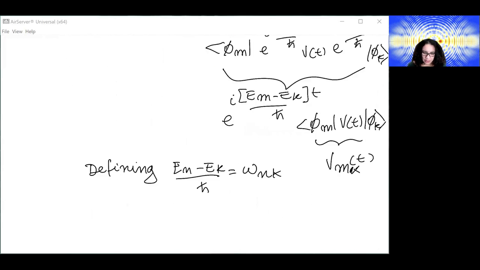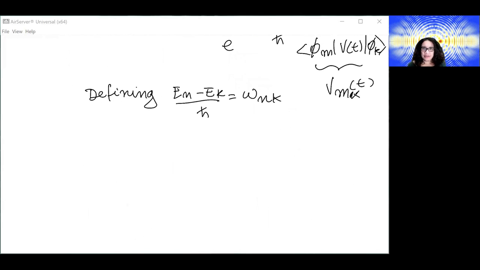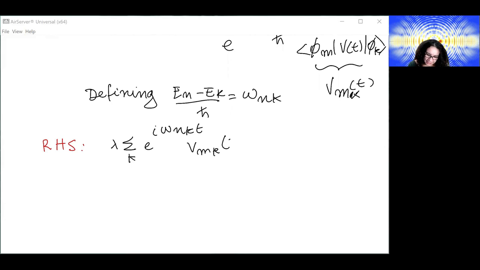So let's have a look now at all these, and we can rearrange things, meaning that our right-hand side of the time-dependent Schrodinger equation in this basis is going to look like this. It's going to be lambda sum over k e^{i omega_mk t} V_mk(t) c_k(t).